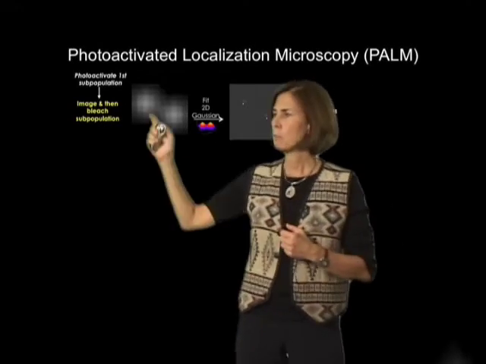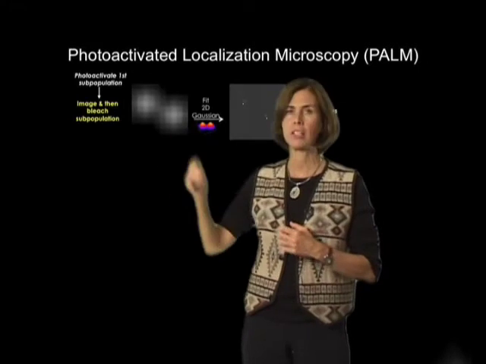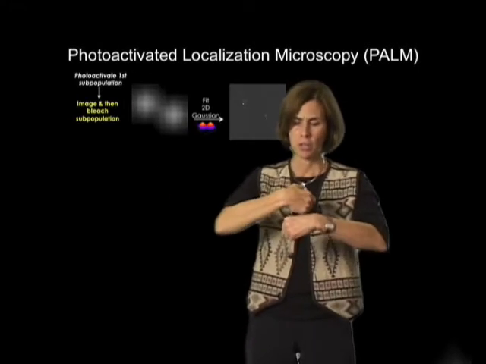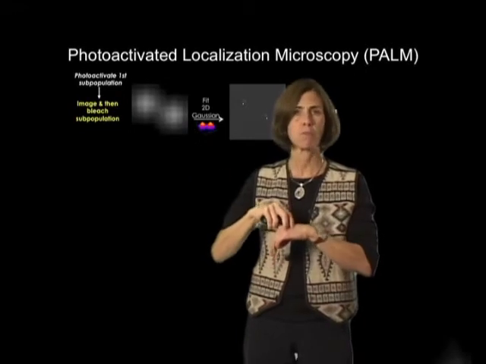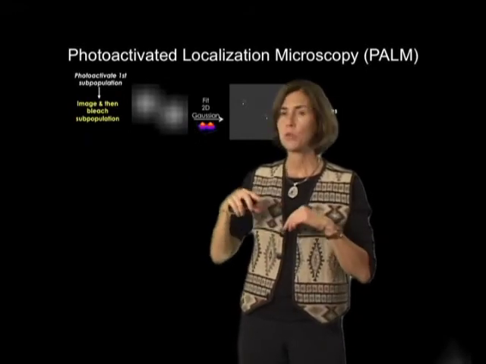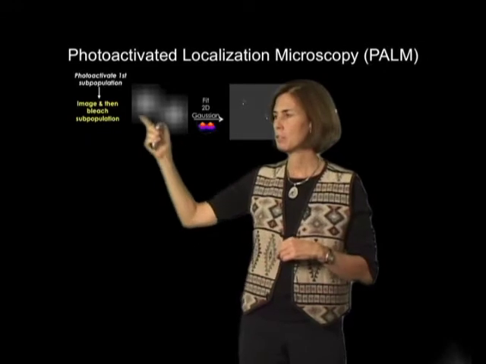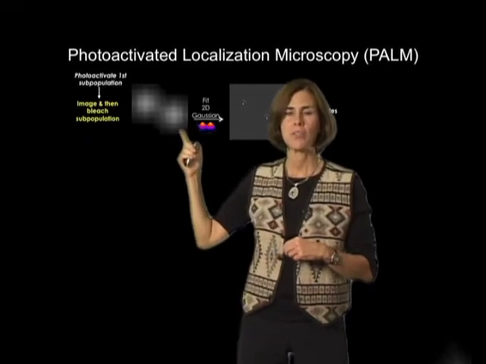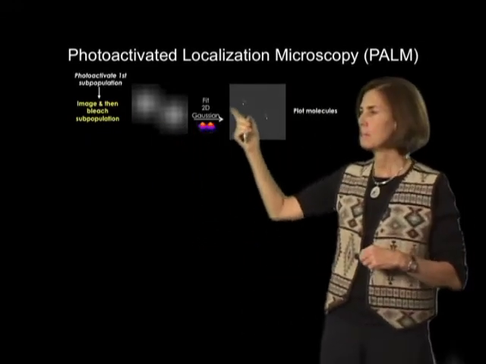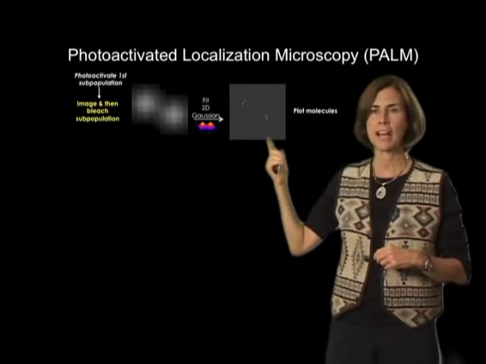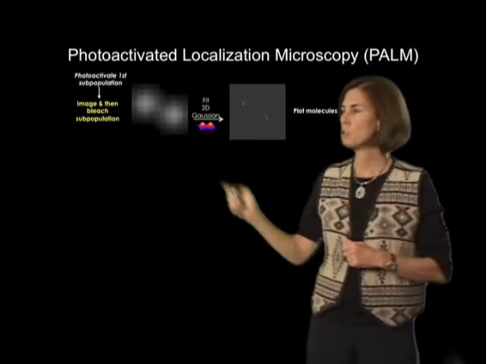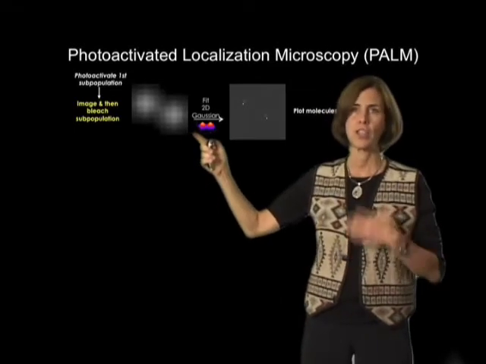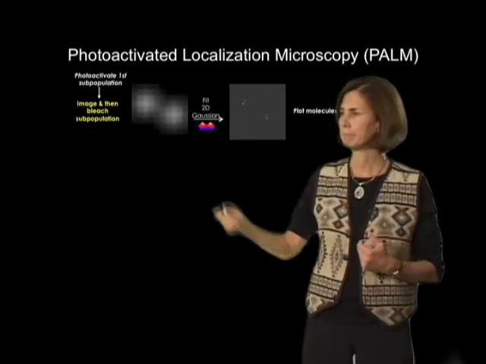And so the probability that two or more of these molecules that switch on have their blurry spots overlapping is quite small. So when you switch on a small subset with this low light illumination, you can then fit the PSFs using the Gaussian fitting algorithm to determine with very high precision where those two molecules, in this case, that you've switched on, are distributed.